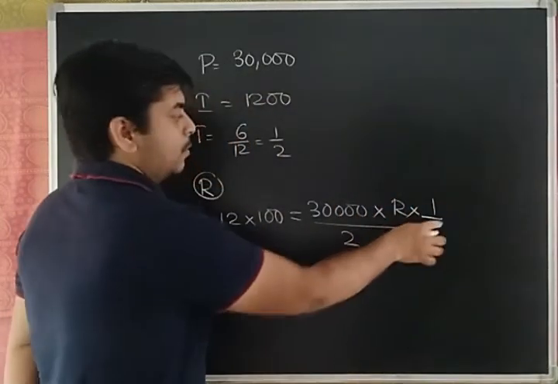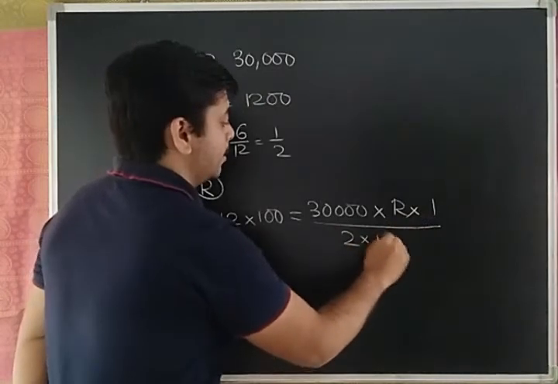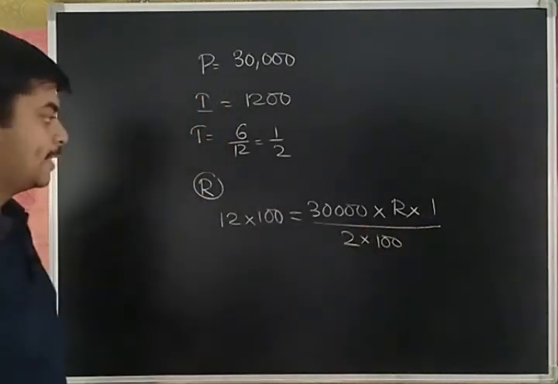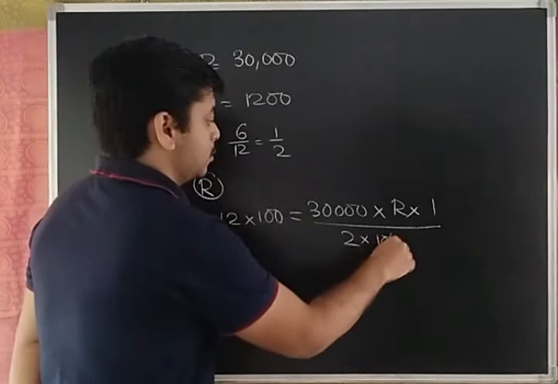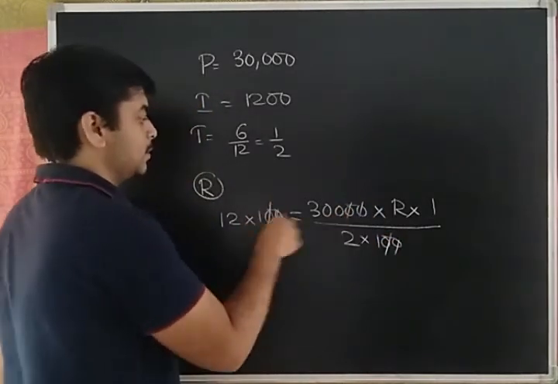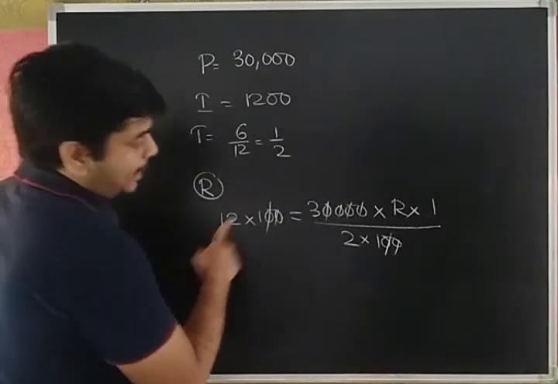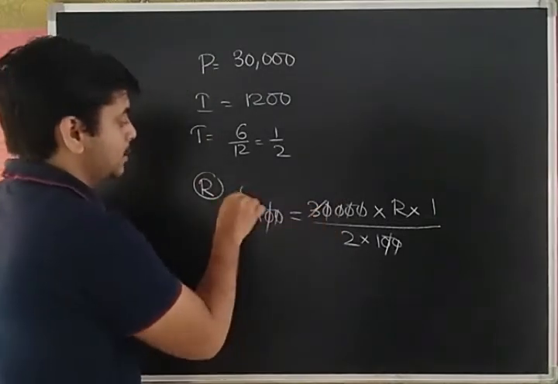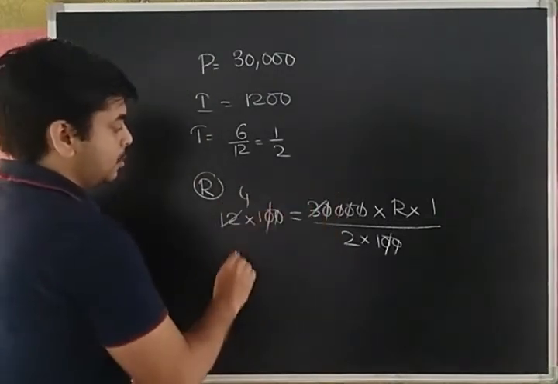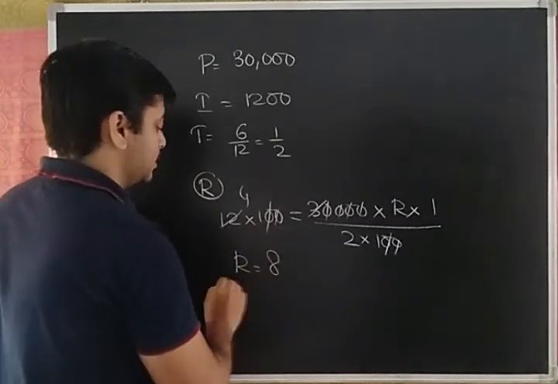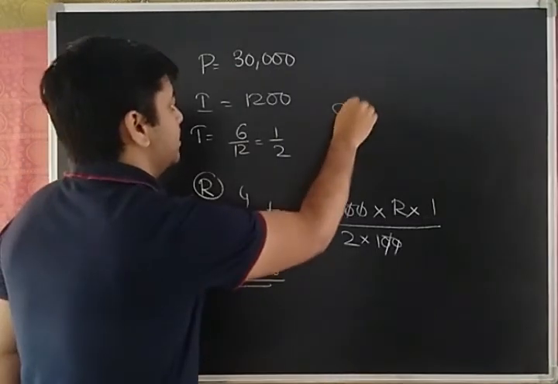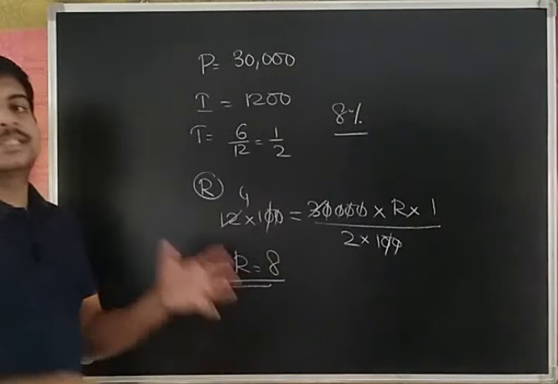That 2 I am writing here, 1 by 2 into 100. So cancel what all we can cancel. 2 zeros with these 2 zeros. So you have 12, and 3 ones are 3, 4 twos are 8. So R is equal to 8%. 8% simple interest per annum.